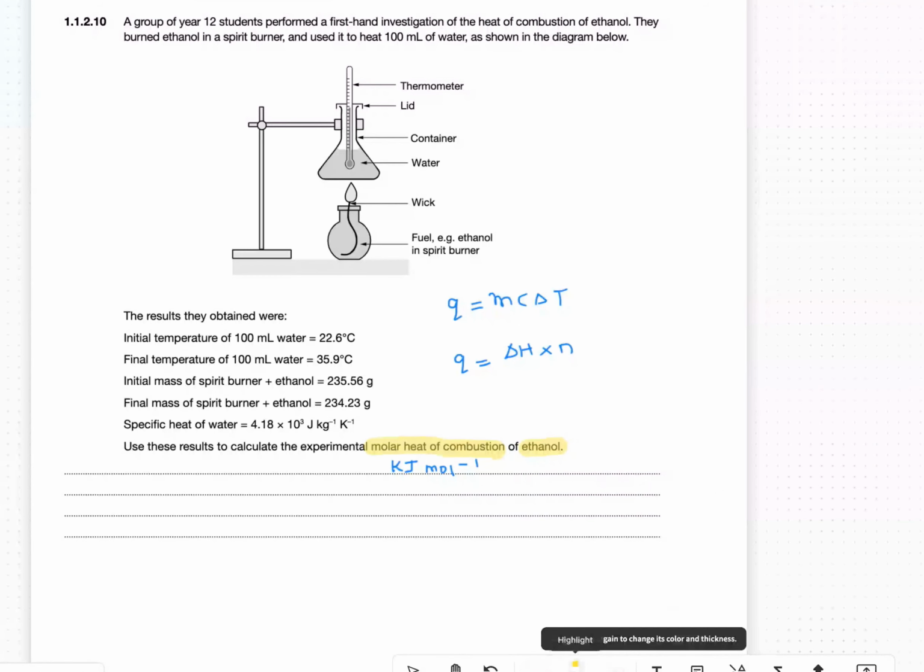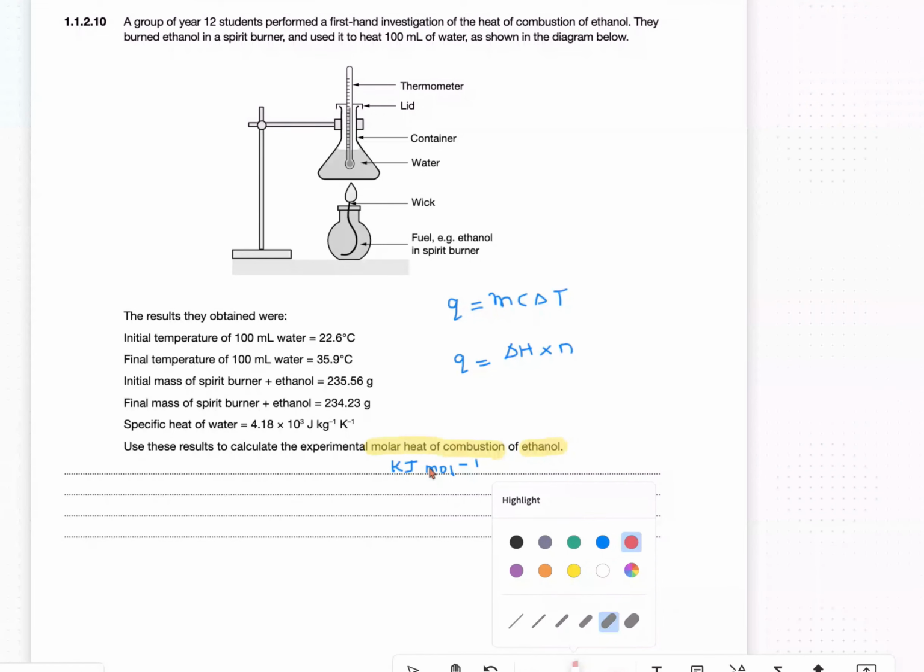Whenever we talk about per mole, this is of the fuel that you are calculating the heat of combustion of. And this kilojoule comes from either water or another fuel or electricity.